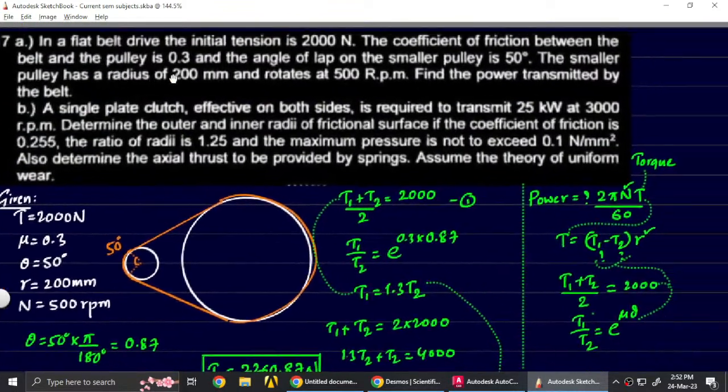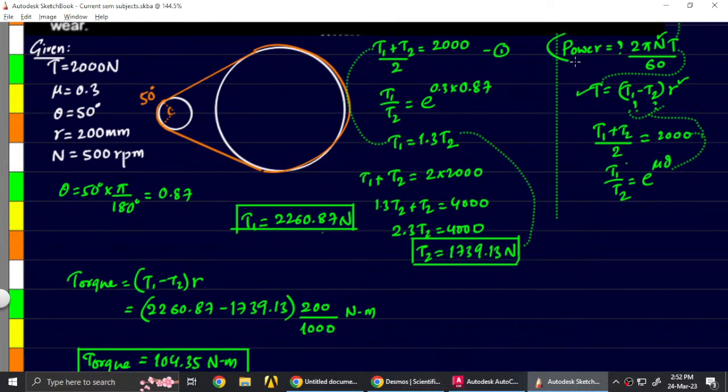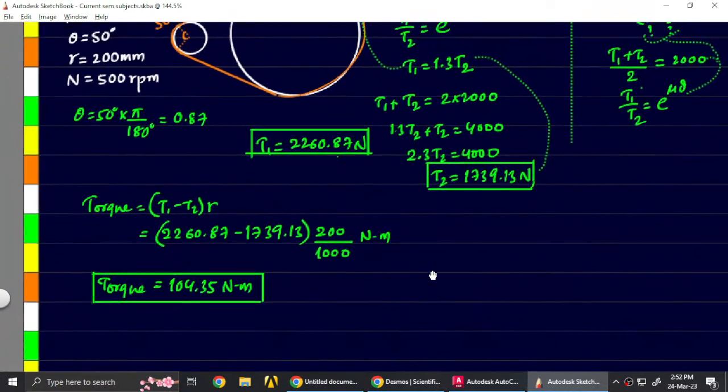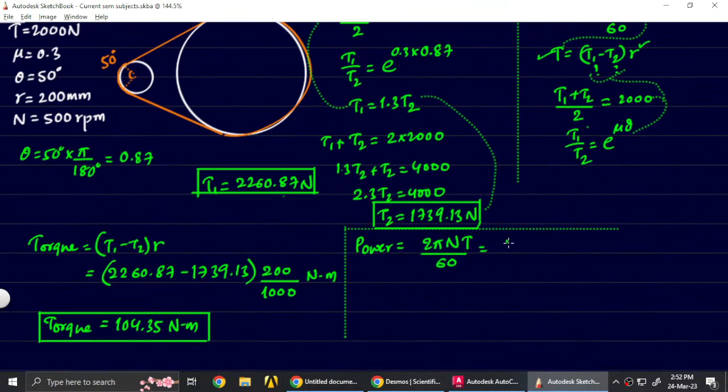Let us see what else is asked. So he's asking us to find the power. Now that the torque is found, the final step remains to find the power. Power is 2πNT/60, where T is the torque. So 2 pi into RPM, given as 500, into the torque we just found, 104.35, divided by 60.